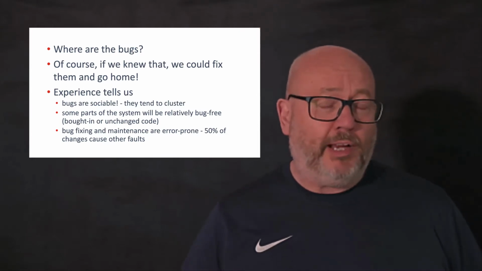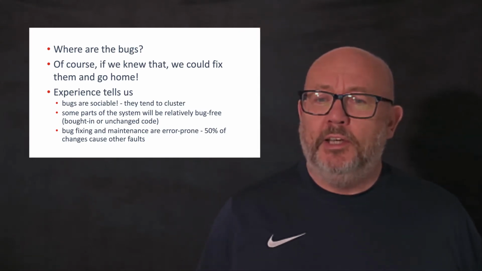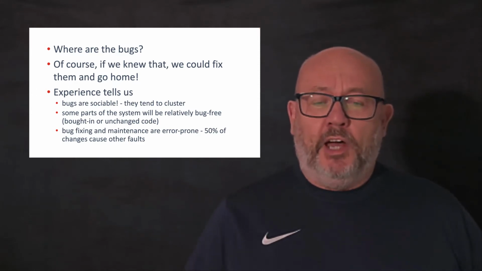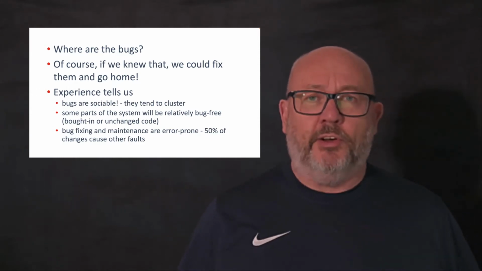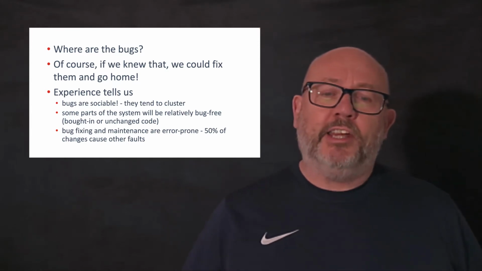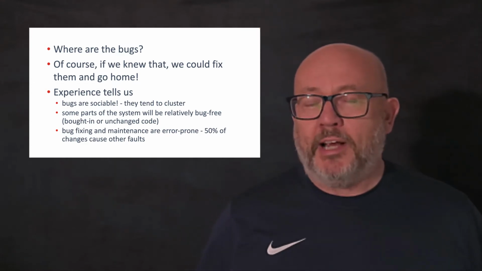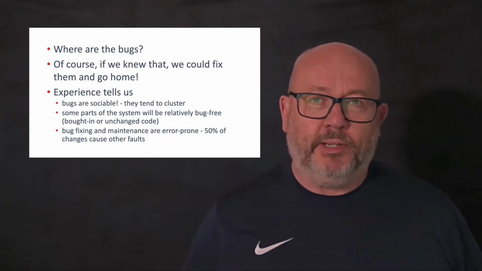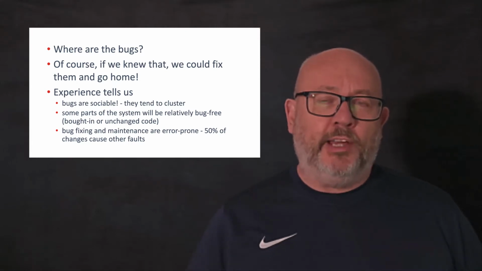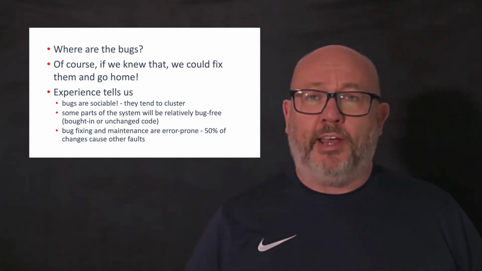They may be complex, or they may be just prone to error. They're difficult to understand, perhaps. So we tend to see an uneven distribution of bugs in software. The other thing we can say about bugs is bug fixing and maintenance of software is an error-prone activity. We know this because experience tells us that when we change something that works, we often introduce knock-on effects which are undesirable.